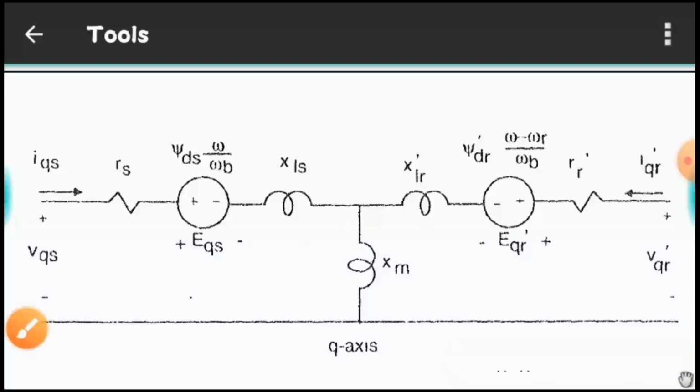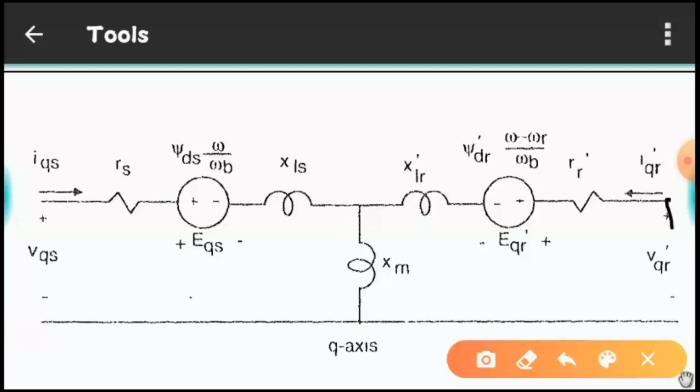And in case you are dealing with a squirrel cage induction motor, these will be solidly short circuited. You will have V_QR equal to 0. This speed EMF will be utilized to supply your whole power. And see the very interesting thing here: if you make it short, and we allow our rotor to rotate at synchronous speed, there was a popular argument about why the rotor can't reach synchronous speed in a squirrel cage induction motor.